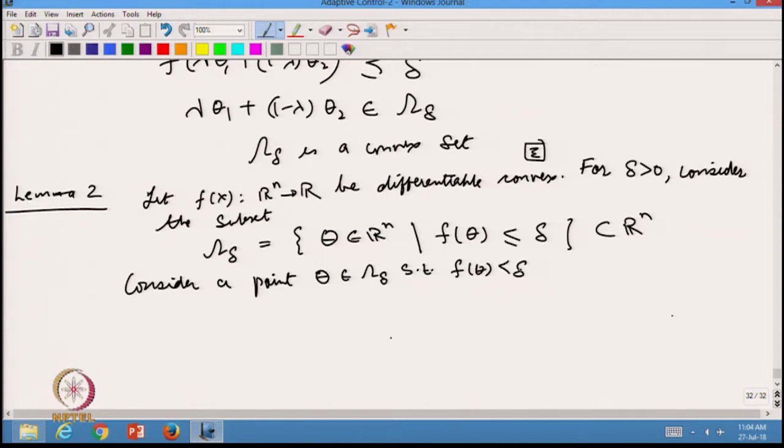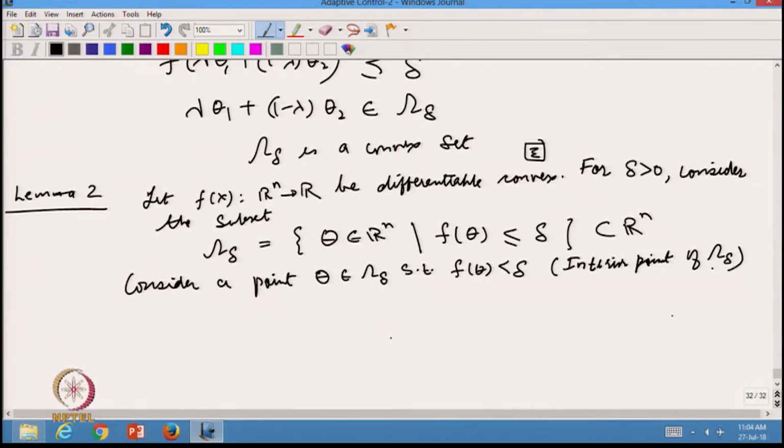So, what this means is that this point theta is actually an interior point, because we are saying that f of theta is strictly less than delta. So, we exclude all the points which are on the boundary of the set. So, it is an interior point of the set omega delta.